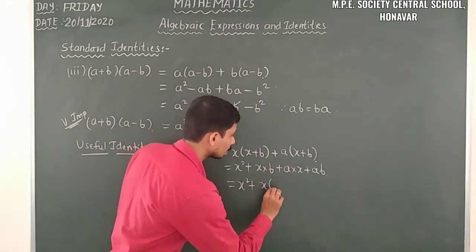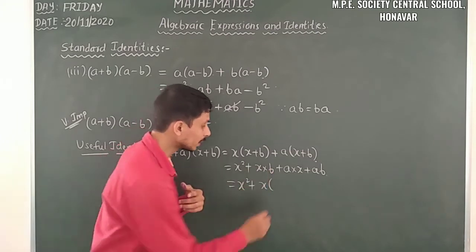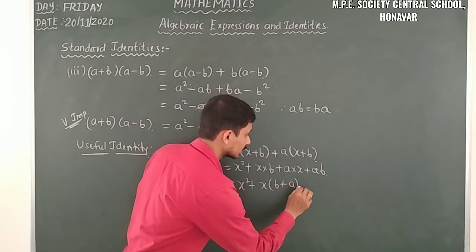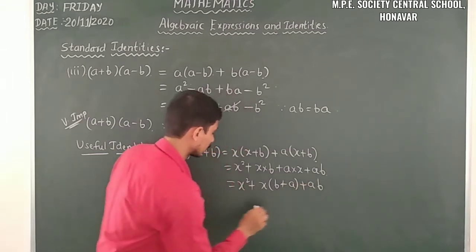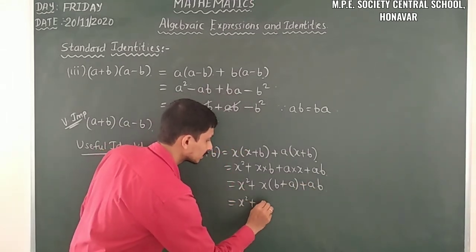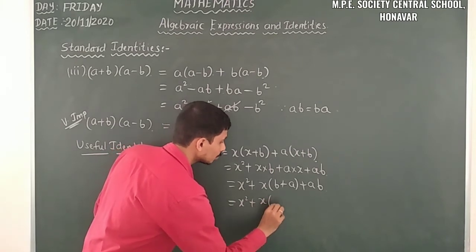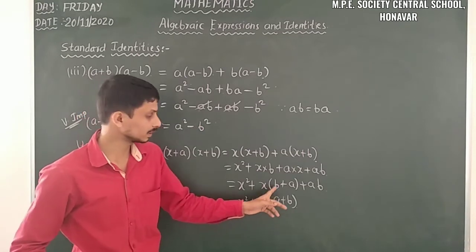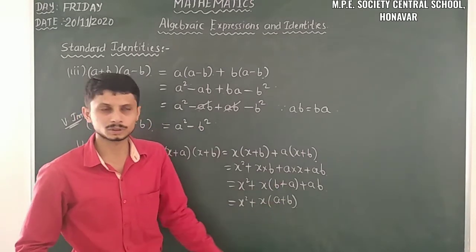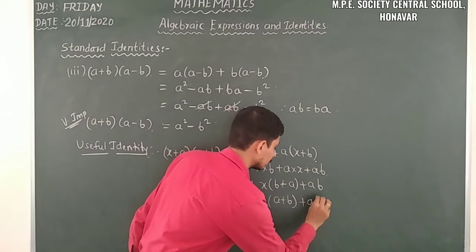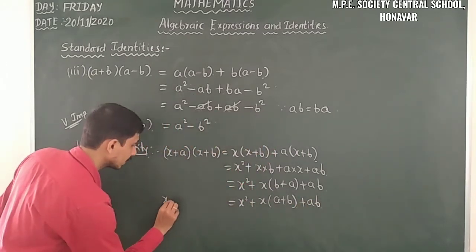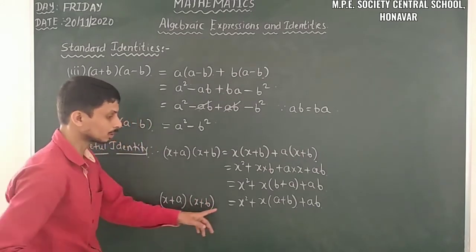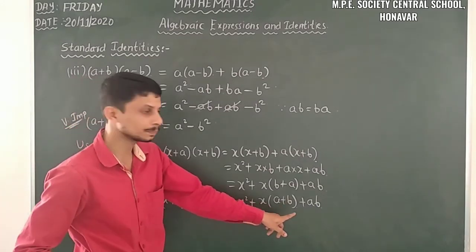When you take the common, only b remains from this term and only a remains from this term, plus ab. Then x square plus x into (a plus b), both are the same, a plus b is equal to b plus a, plus ab. That is, (x plus a) into (x plus b) is equal to x square plus x into (a plus b) plus ab.